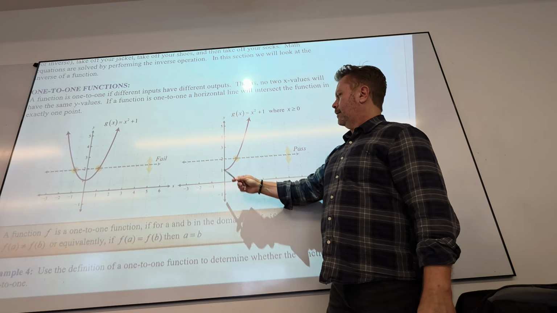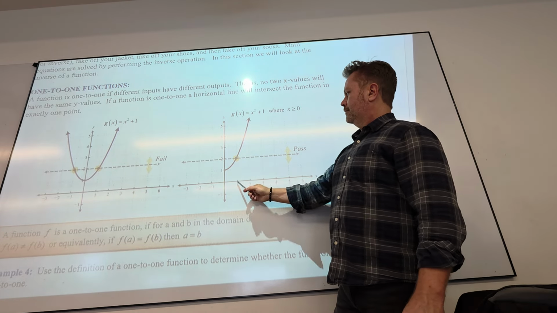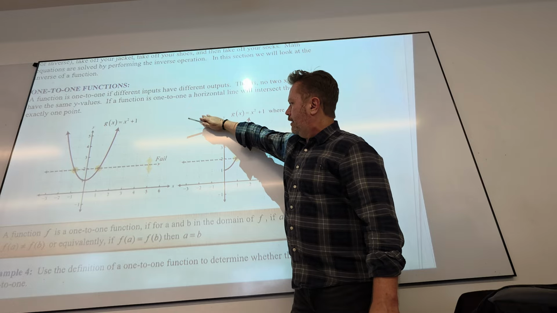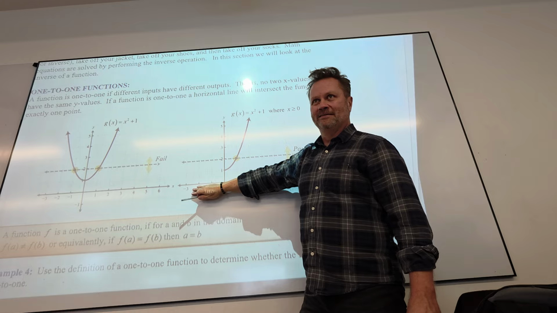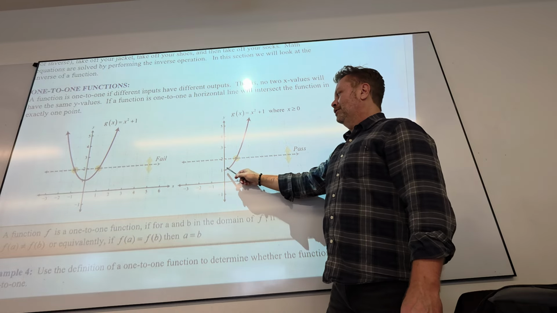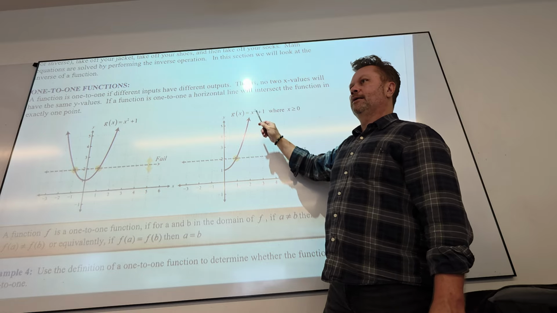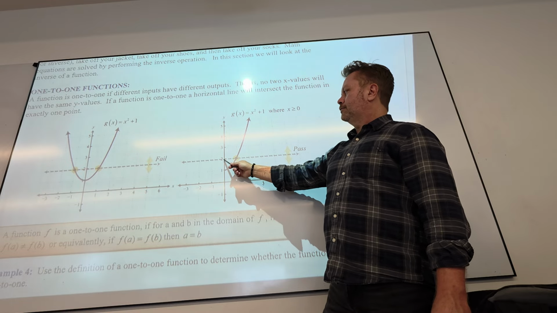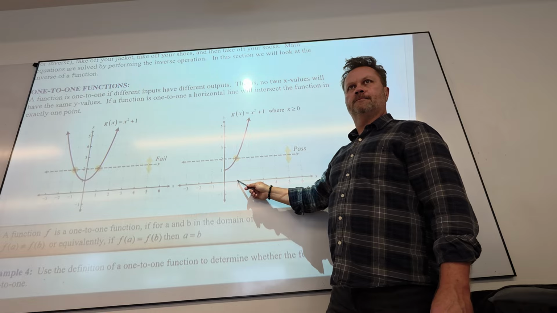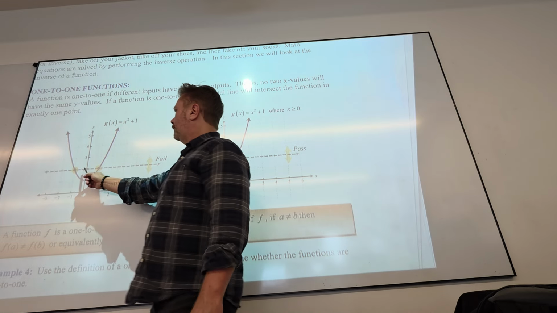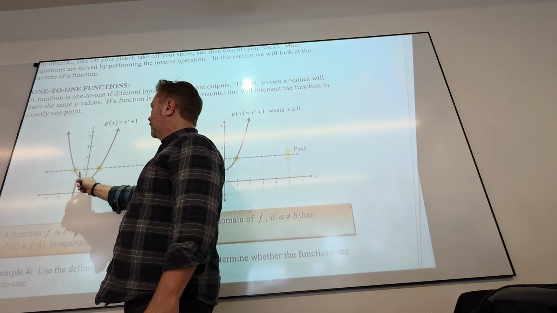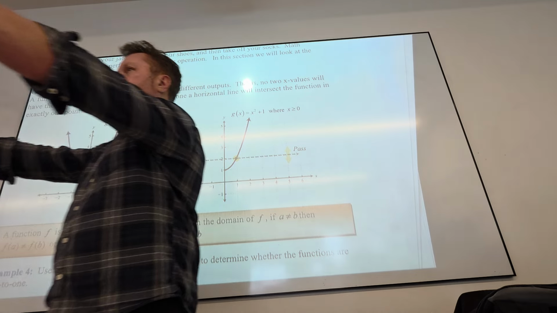If I square and then add 1, if I erase this side, if I say my function only starts at 0 and goes up, if I get a 2, do I know where I came from? Yes. Earlier, if my output was 2, there were 2 places I could have come from, yes? You guys see that?